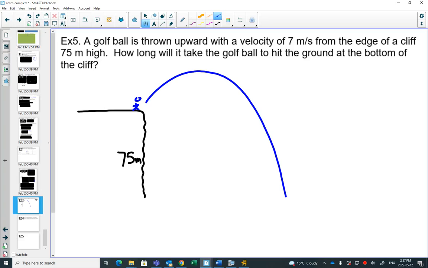So what do we know about this situation? We know that when time is equal to 0, our initial velocity is 7 meters per second. And we know that when time is equal to 0, our initial displacement is we're 75 meters above the ground.